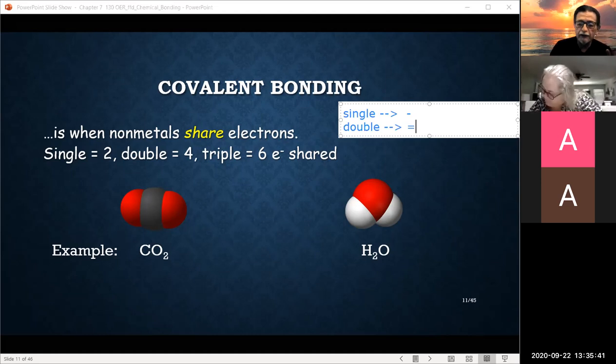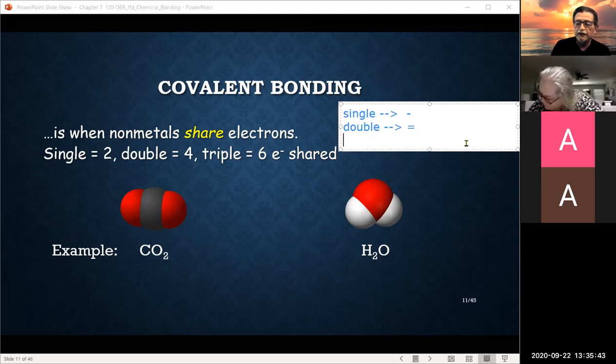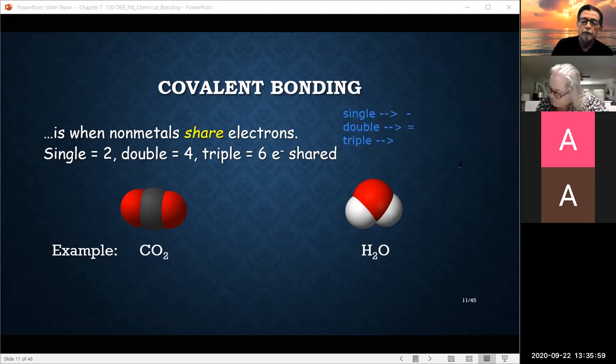Now, I can't draw a triple bond, but essentially it is 3 lines. Maybe I can, let me draw it a different way. Okay, I will draw it this way.